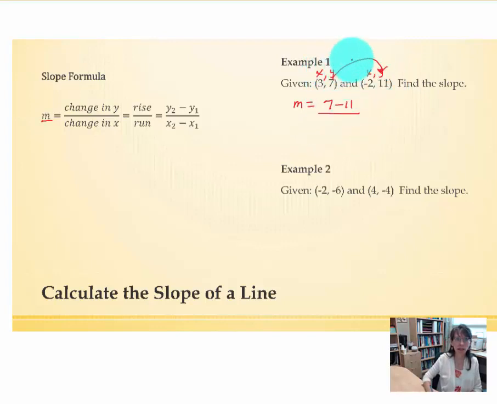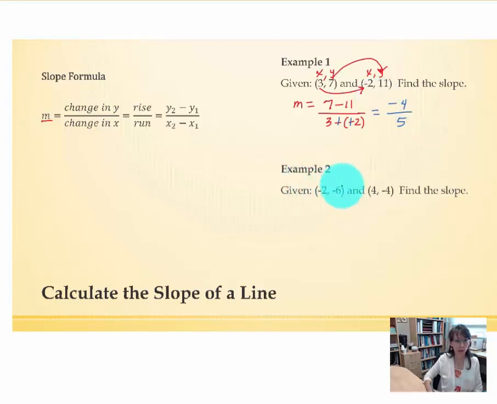And since I'm going left to right for the y values, I must follow that same direction when I subtract the x values. 3 minus negative 2. Now do be careful when you are subtracting a negative number, because subtraction of a negative turns into a positive. So we actually have negative 4 in the numerator and positive 5 in the denominator. So the slope of the line that contains these 2 points is negative 4/5.